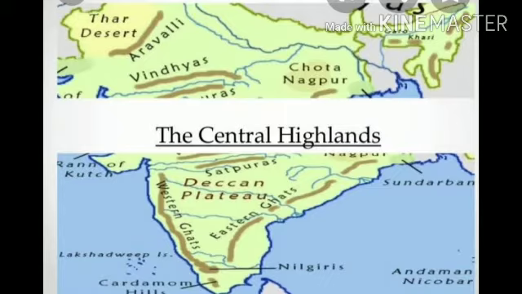Some rivers that flow in this region of Malwa Plateau are the Chambal, the Sindh, the Betwa and Ken rivers. You can find them easily on your map. So these rivers flow from southwest to northeast. Thus, we can realize the slope of that land.